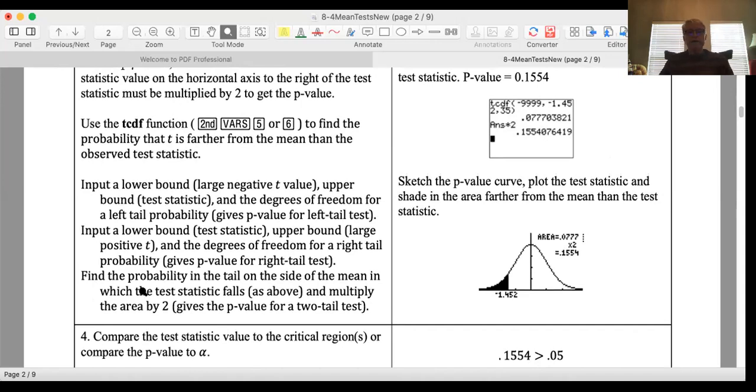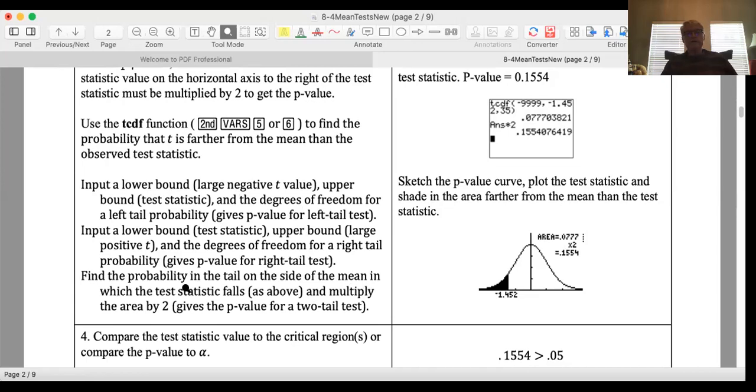And this little blurb down here, and it's in each problem that we're going to look at, identifies what numbers we're going to use for finding the p-value, if it's a left-tailed test or a right-tailed test or a two-tailed test. So you can look at this at your leisure. You can freeze the video and spend some time with that. But we're just going to look at the two-tailed test situation here.